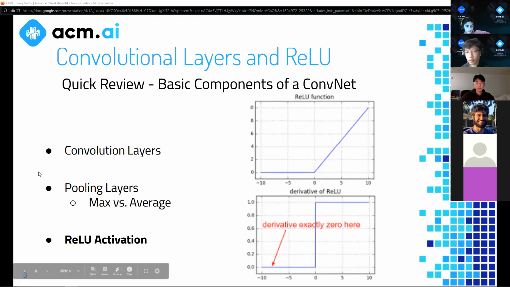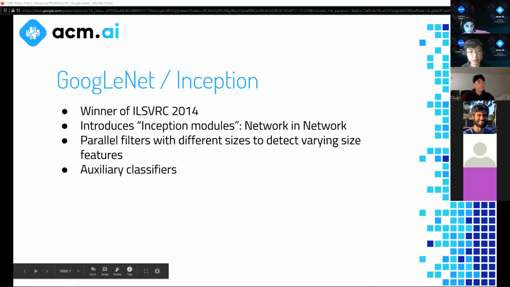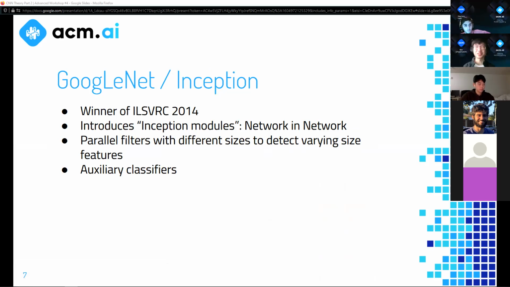Right, so with GoogleNet and Inception, this was the winner of the ILSVRC 2014 competition. It was an image classification competition, and the innovation that they introduced was the concept of inception modules.